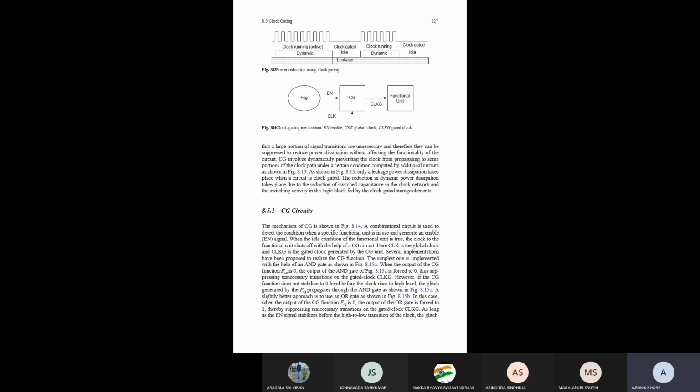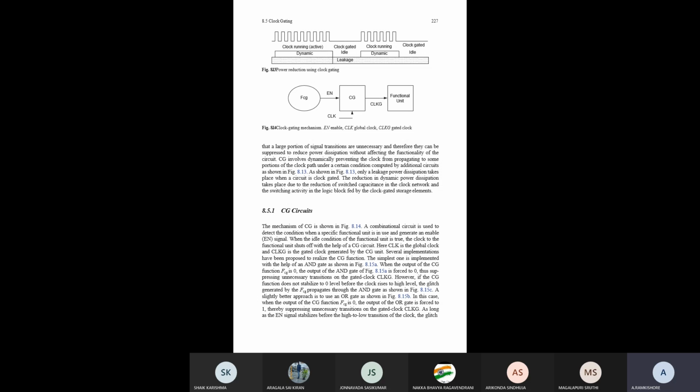We observed that this clock signal has a large portion of signal transitions that we don't require, and they can be suppressed to reduce power dissipation without affecting the functionality of the circuit.